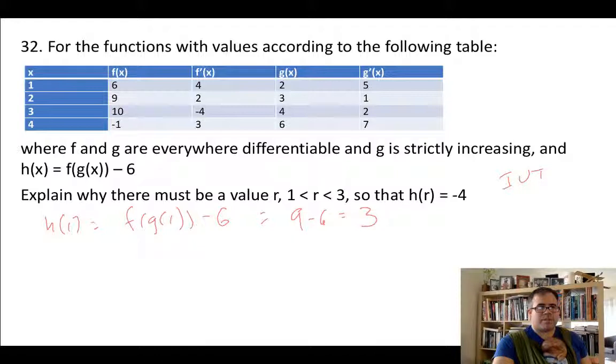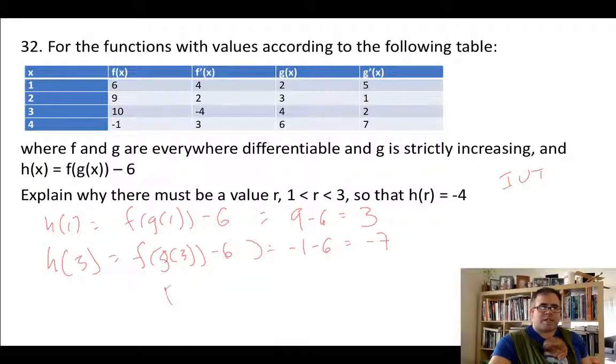Now we're going to do h of 3, which is f of g of 3 minus 6. So g of 3 is 4, f of 4 is -1, so -1 minus 6 is -7.